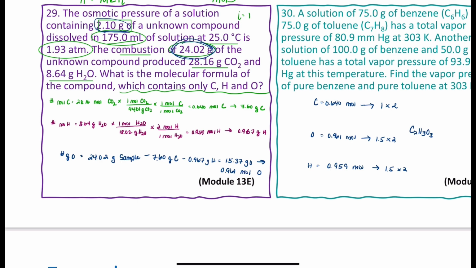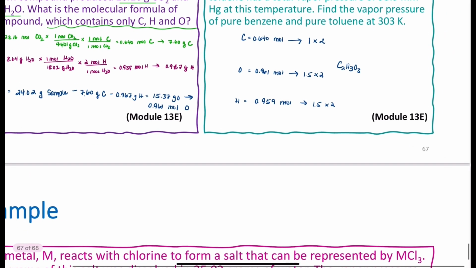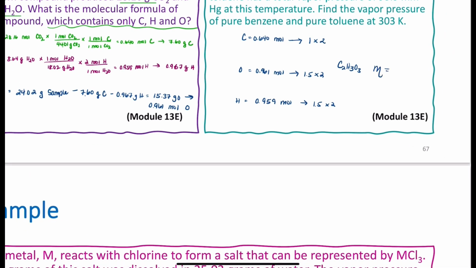Because I know that the compound has to be twice the molar mass of this. I know the molar mass of this is 75 grams per mole. It has to be twice that. So the actual compound is C4H6O6.